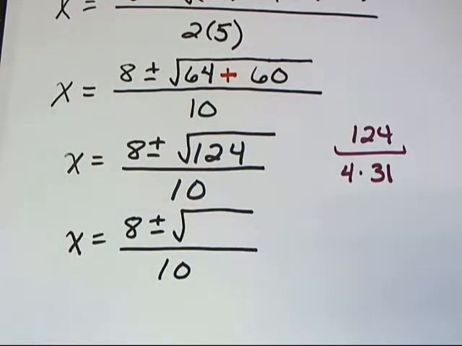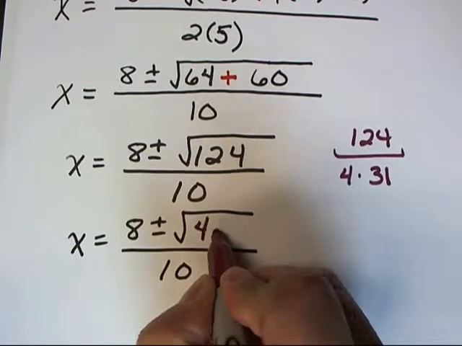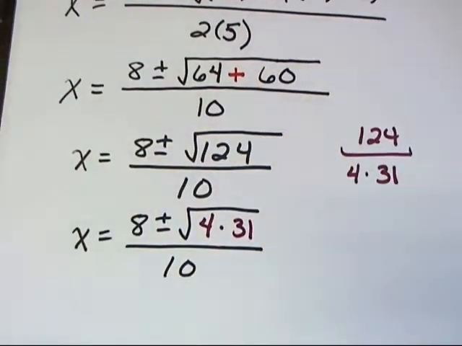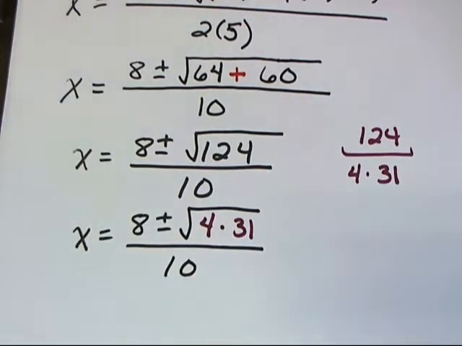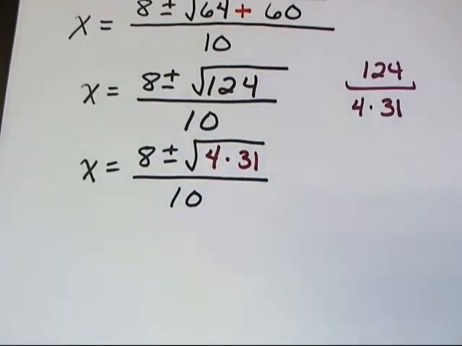So I'm not changing the value of this radical, I'm just changing what it looks like. Now there's a law with radicals that says, hey, if you are multiplying or dividing, and only multiplying or dividing underneath a radical, you can write that as 2 separate radicals.